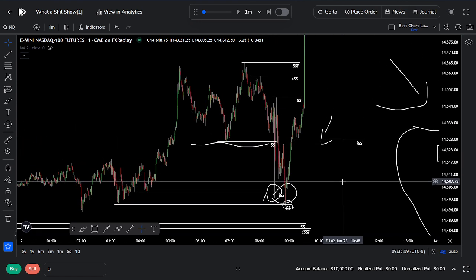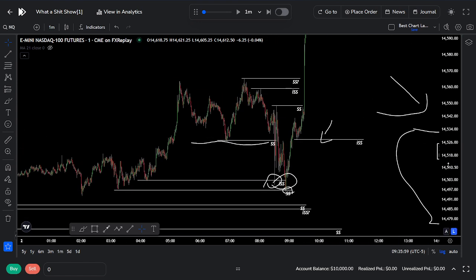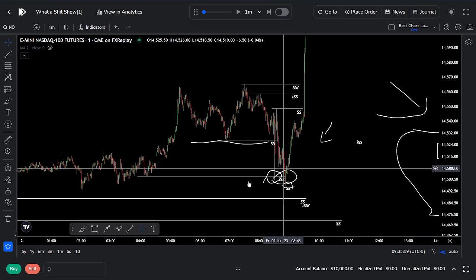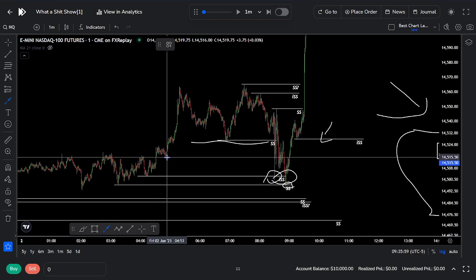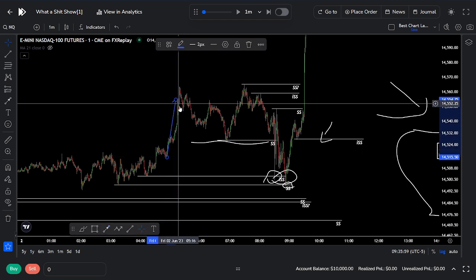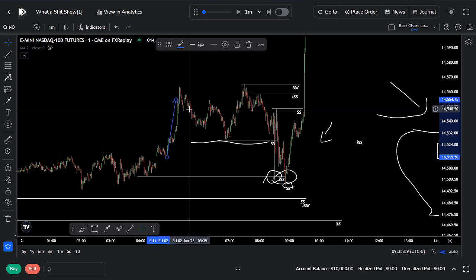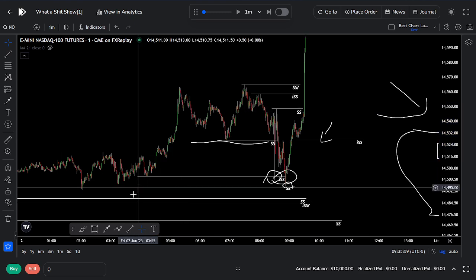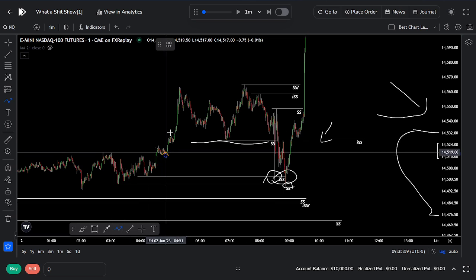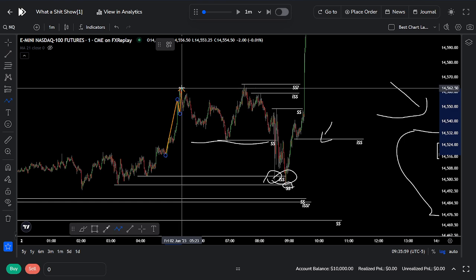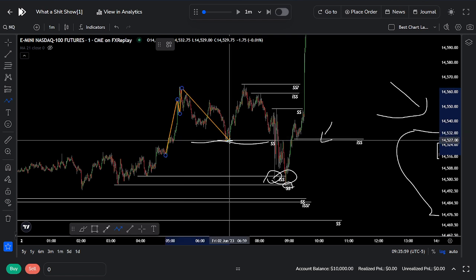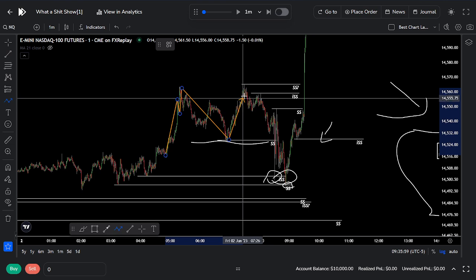But if we look here at this example, what do we see? We have a 1, a 2, a 3.